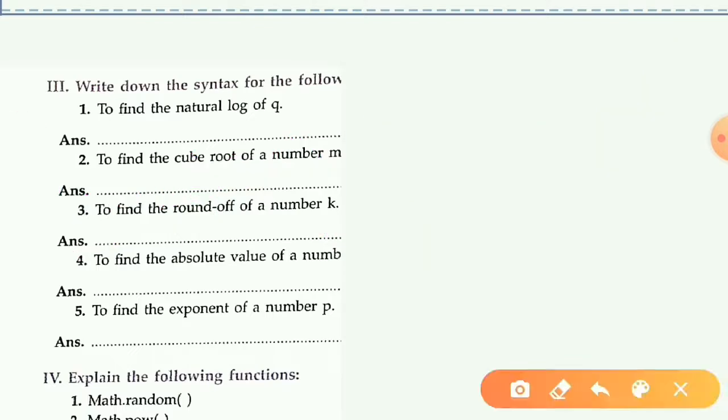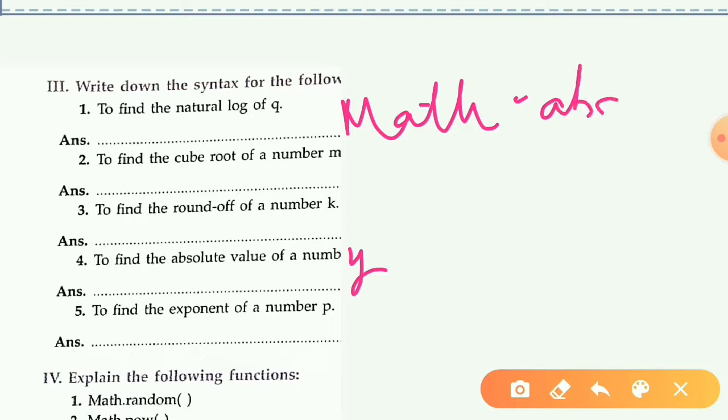Now for the fourth one, you have to find out the absolute value of a number. Over here write down the number y. It is misprinted over here, number y. So then you will be writing what? Math dot abs, and in bracket write down y, and afterwards this semicolon. The number will be stored in the data type.